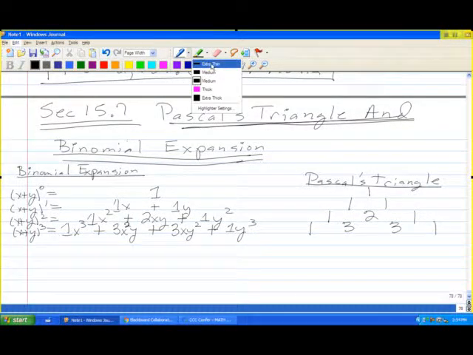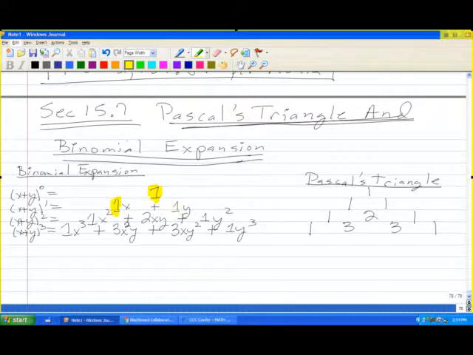Maybe I'll just highlight them in yellow. So these coefficients are just the same as Pascal's triangle. Notice 1, 1, 1, 1, 2, 1, 1, 3, 3, 1. So these are just the same as what's in Pascal's triangle.